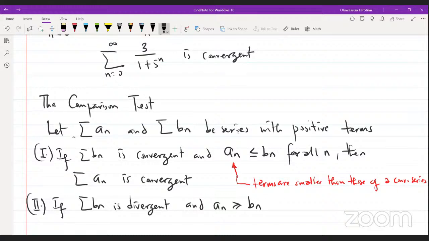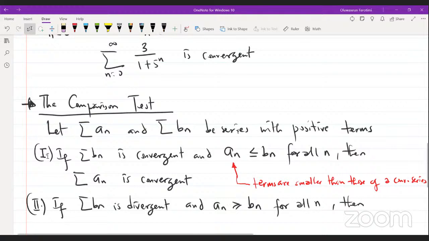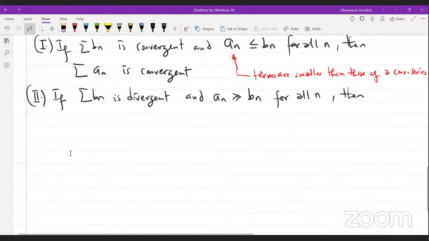For number 2, we have greater than or equal to. And again, it has to be for all values of n, that means when n is 1, n is 2, n is 3, on and on. Then what do we conclude? The series of an is divergent.